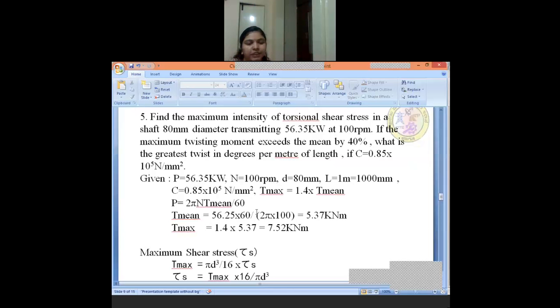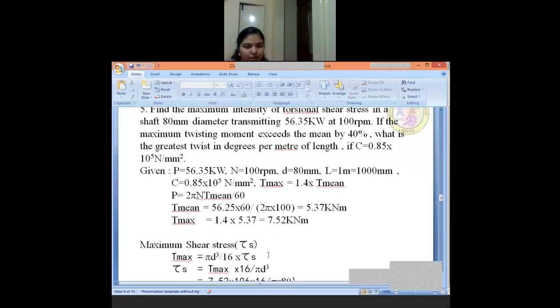In this case, first write down the data. You know how to find T mean, given that P is equal to 2 pi N T by 60. You can find out T mean from here. T max, the maximum shear stress, is what?